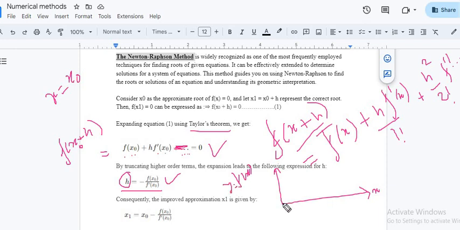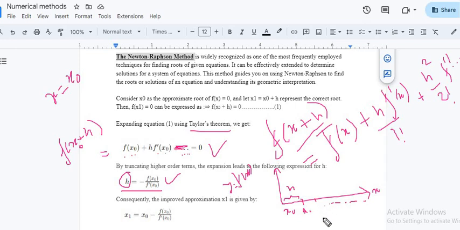Now you can consider certain values. Say somewhere here you have x0, then you have x1, then x2, x3, x4 up to a certain value of x. Now these values x0, x1, x2 and x3 are equally spaced, and the interval between them is given by h.